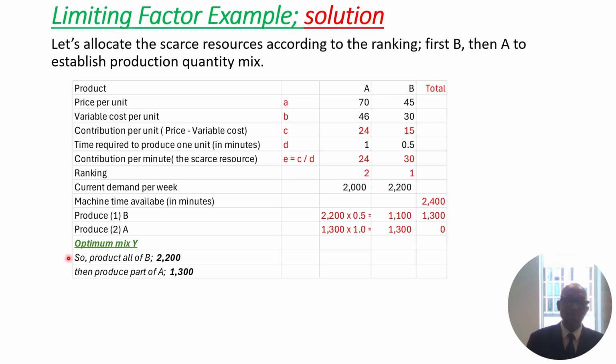That's how we got the optimum mix here. So produce all of B, 2,200, and then produce part of A, 1,300, meaning that we cannot satisfy 700 demand.